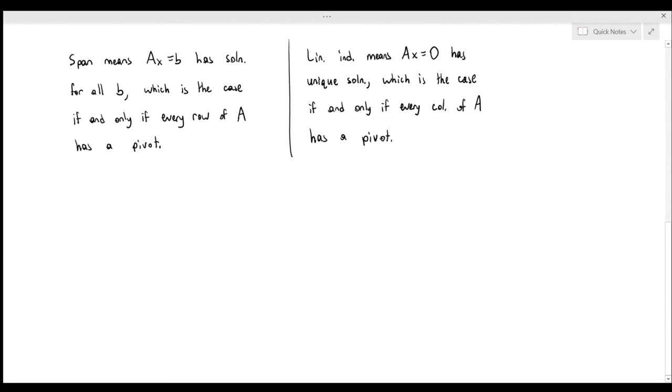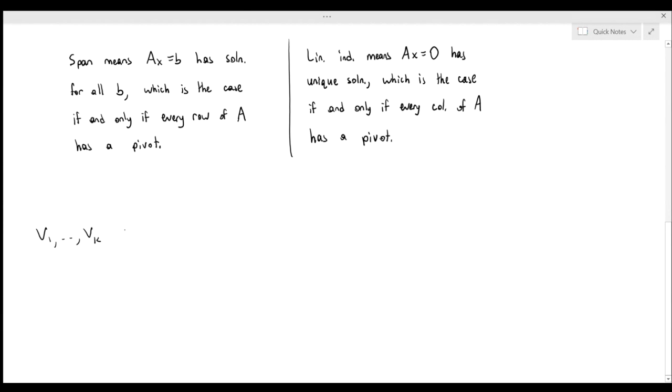Today I'm going to talk about the definition of a basis for a vector space. So again, we have some vectors v1 through vk.